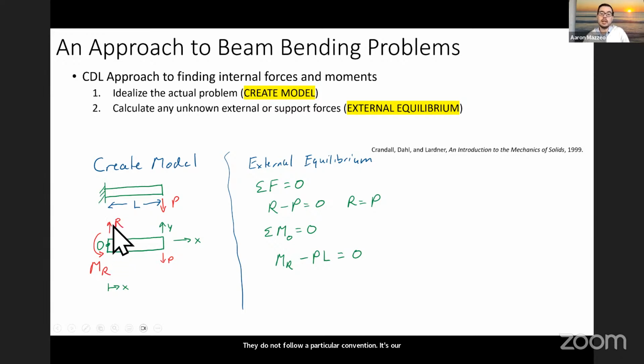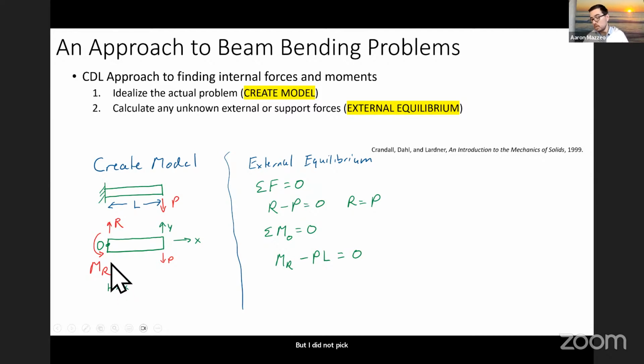And typically, when we draw them, just like we've done for the bars and the shafts, what we do is we pick directions that are going to be most likely positive when we calculate the magnitudes. So with this constraint, I could have gone ahead and drawn R to be going downward, and I could have gone ahead and drawn MR to be clockwise, but I did not pick that approach.